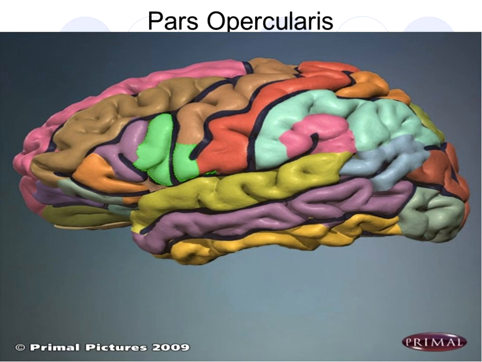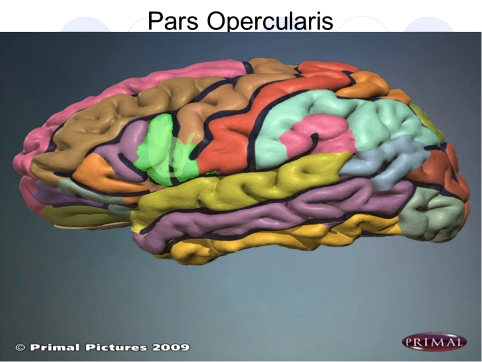So let's look at it. Okay. So here in the green, this is pars opercularis in the green right here. Pars opercularis. Any questions about that? Okay.